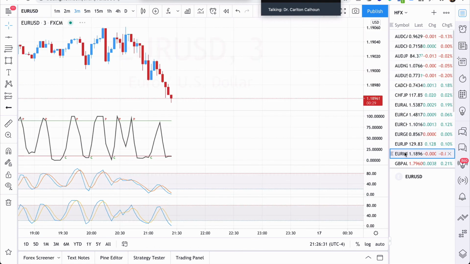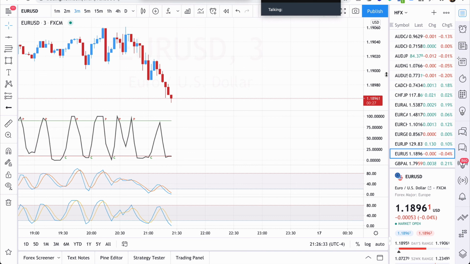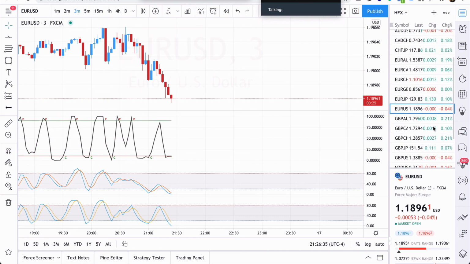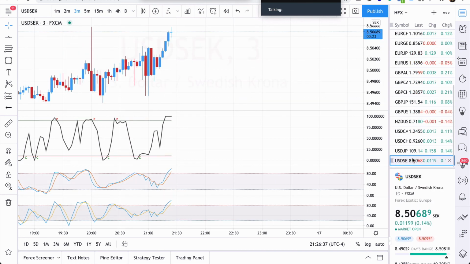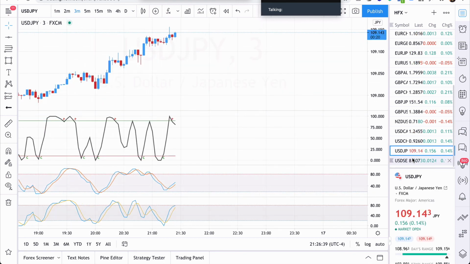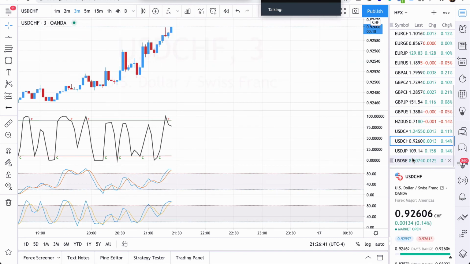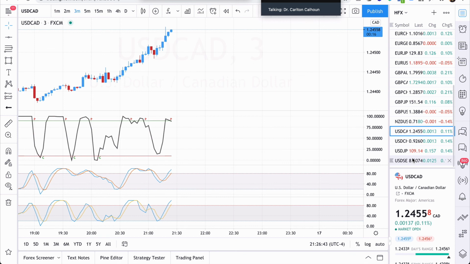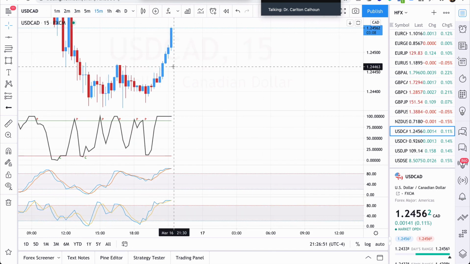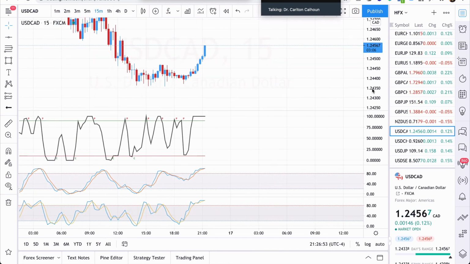Euro USD, we said we would come back. USD CHF is gone. USD CAD would have to push down for me to consider that, which I don't like because it hadn't reached this level of resistance yet.